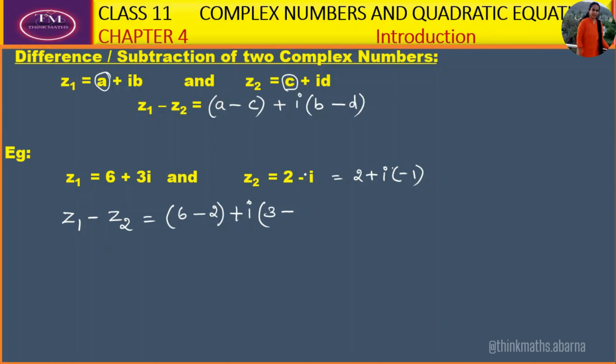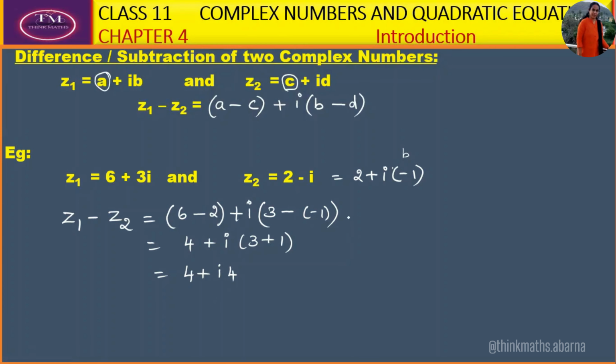Here the coefficient is 1. So in order to write it as a plus ib, I am going to convert this as 2 plus i into minus 1. So this is b, the imaginary part. So it is 3 minus minus 1. So 6 minus 2 is 4 plus i into 3 minus minus 1, which is plus 1. So we will have 4 plus i4.